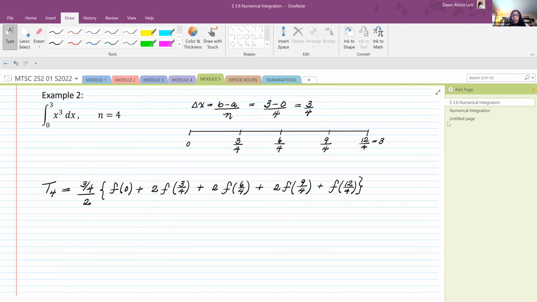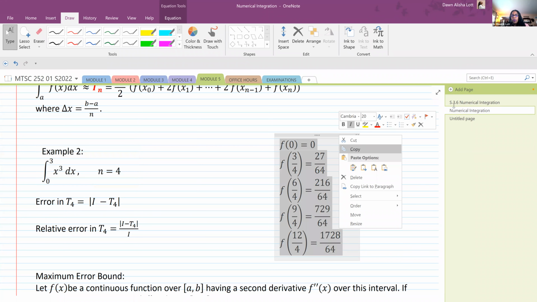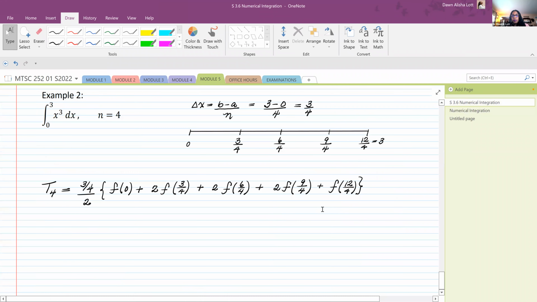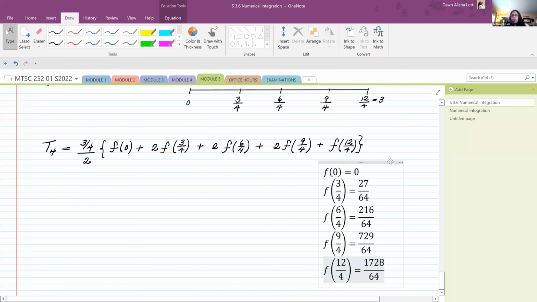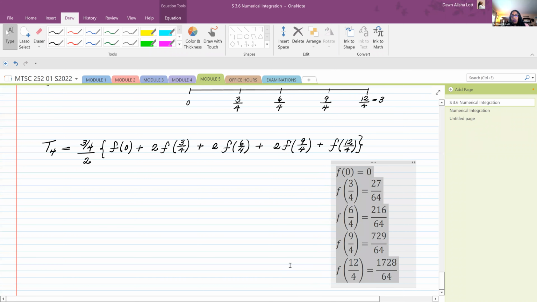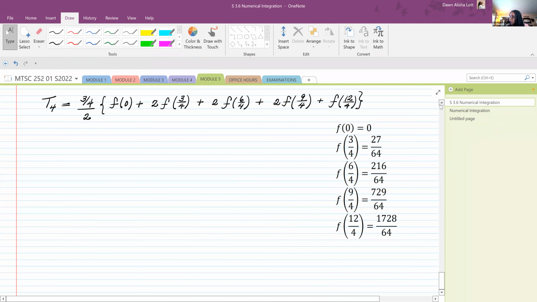All right, so I took the liberty to calculate these ahead of time. So now we know what each one is. So T4 looks like 3/8. f of 0 is 0.